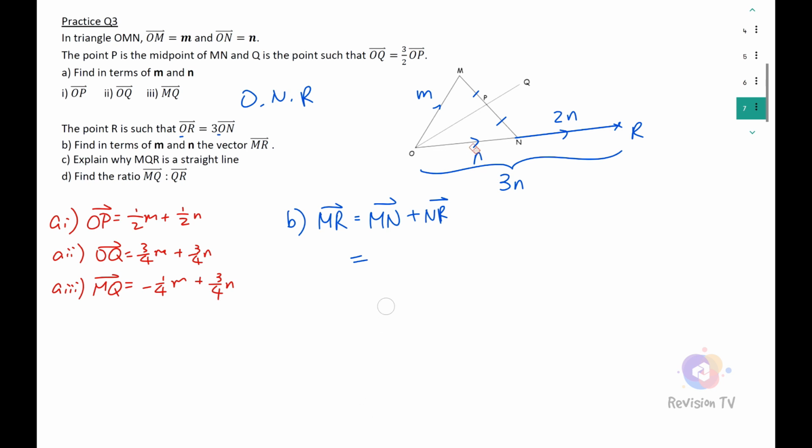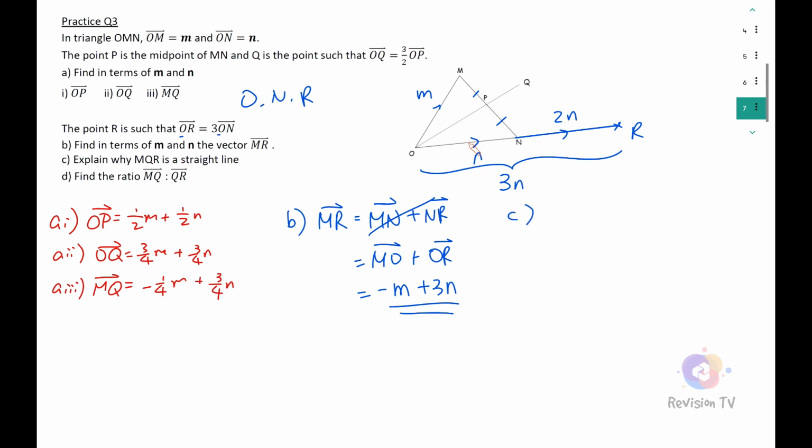So actually, that might not be a good idea. Instead, we should do M to O plus O to R. Now that works. If we know MO and OR, why do extra steps, right? So MO is negative M, OR is 3N, and that's the answer. Minus M plus 3N.